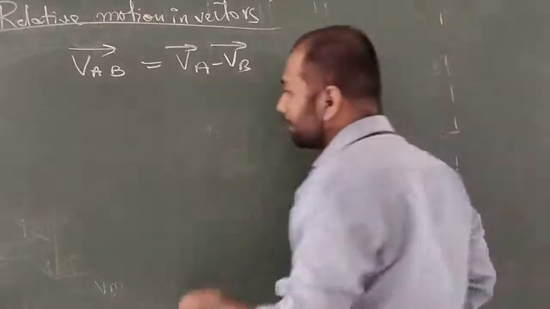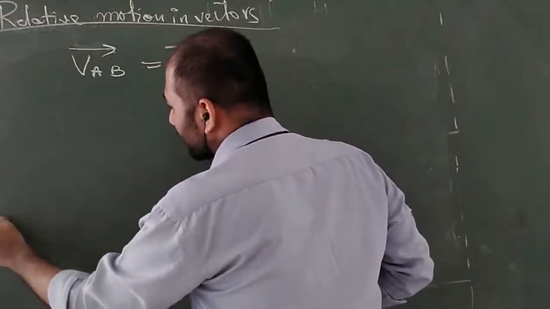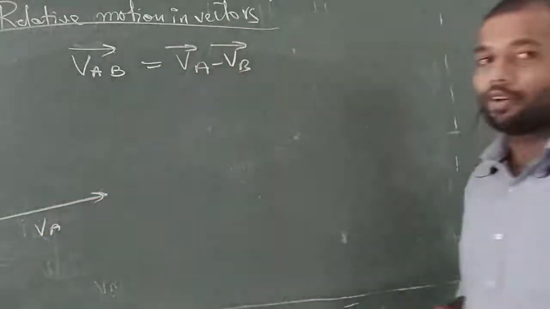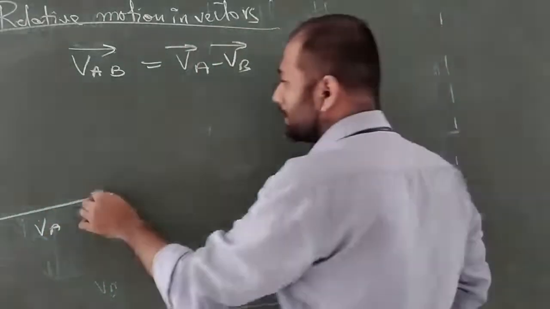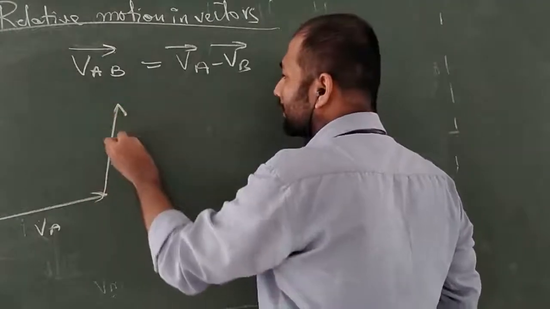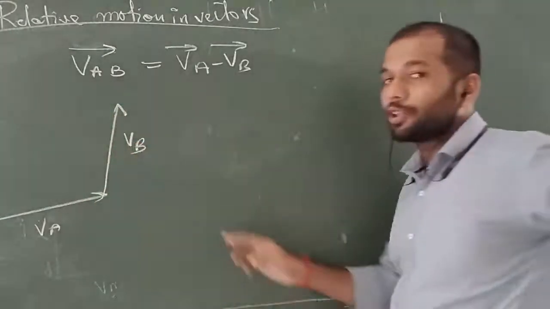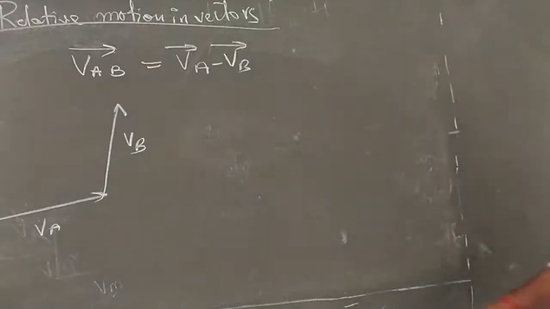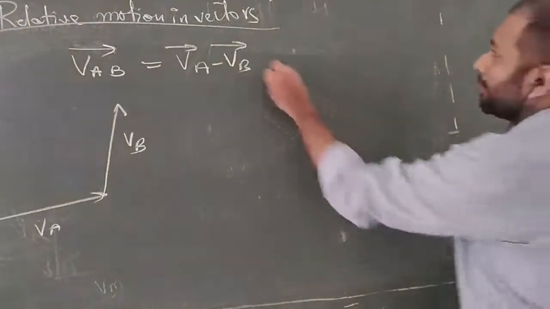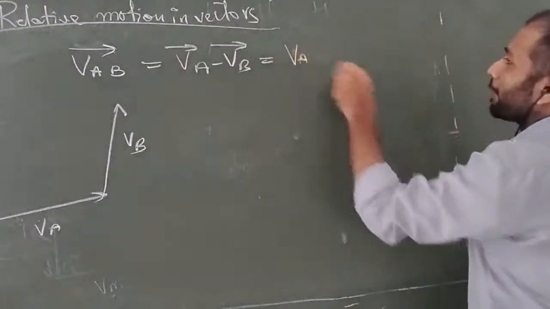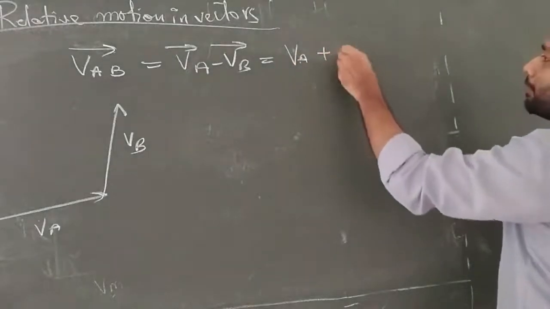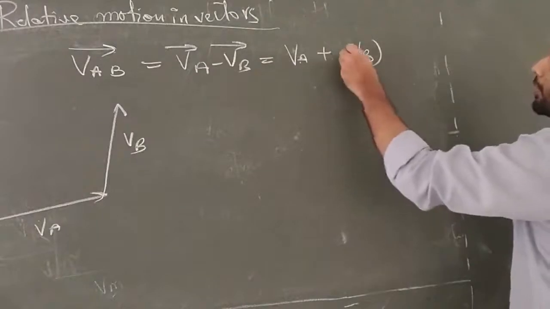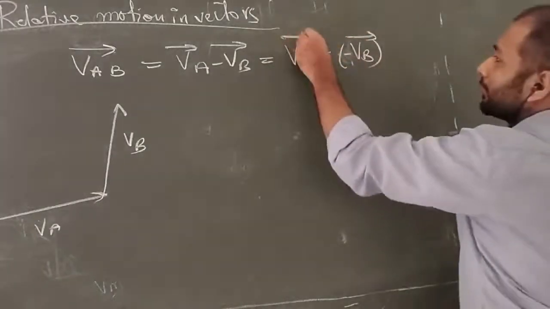Now let us see with the diagram. Let's say this is the velocity of body A, that is VA, and this is VB, the velocity of body B. According to the relation we have written, we can write VA plus minus VB in the form of vectors.